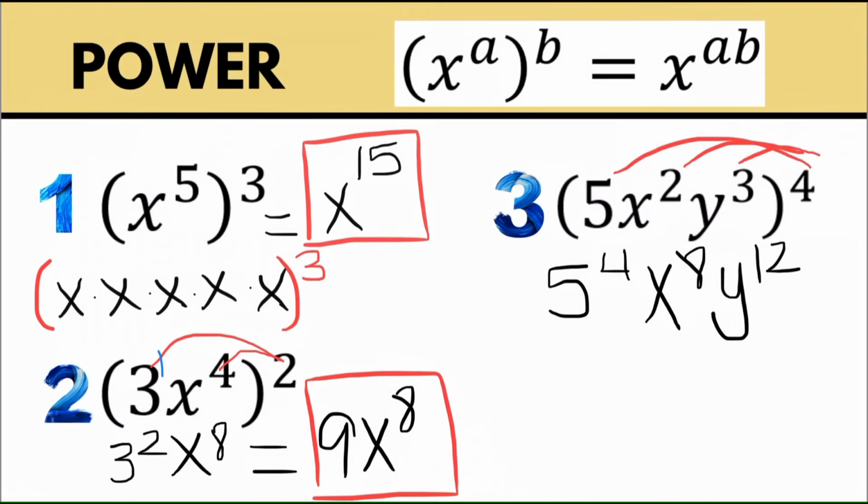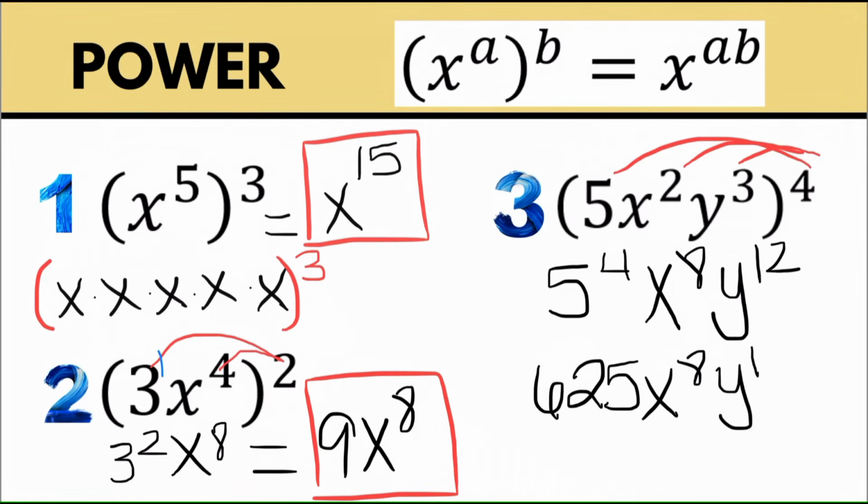Now, I can simplify this further because 5 to the 4th power is 625. Of course, you can put that in the calculator, and it'll give you the same thing. 5 to the 4th is 625. So this is my answer.